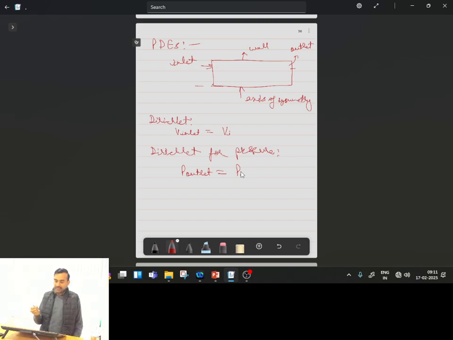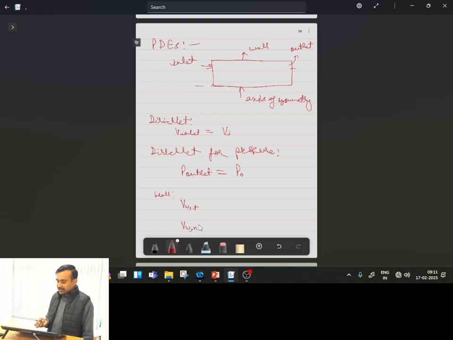After that, at the wall I have to specify the condition. We know that close to the wall, we will be having the no slip condition. Because of the no slip condition, I can specify the value of velocity at the wall, and I can define velocity in two ways: one parallel to the wall in the tangential direction, and the other velocity normal to the wall.